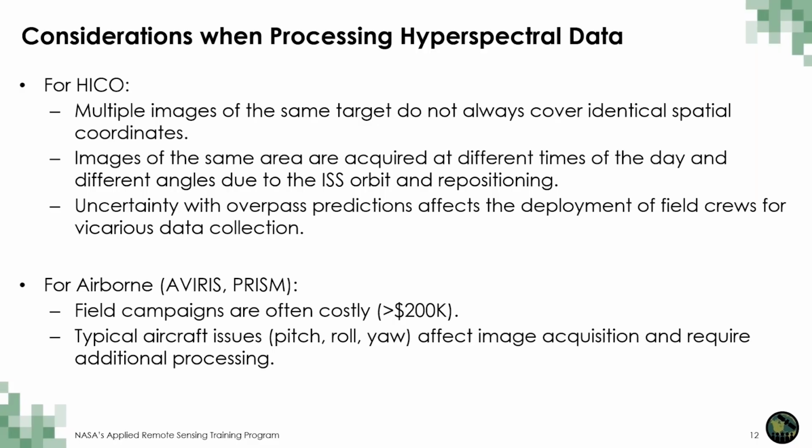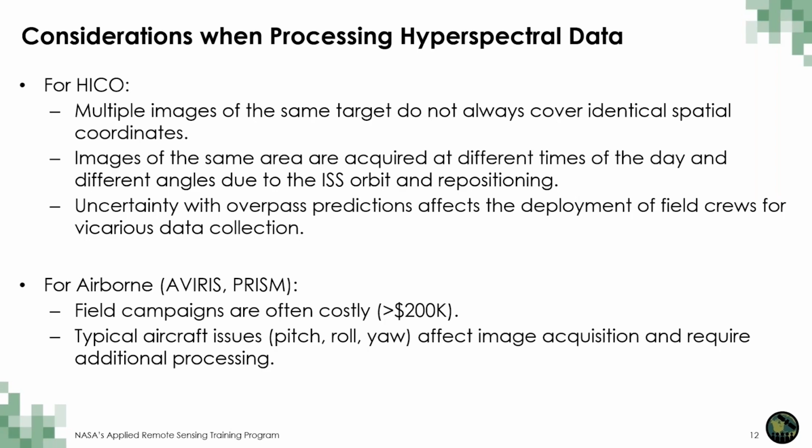So you might need to do some additional geo-rectification there to make the images useful. Also, there's the uncertainty with overpass predictions that affects, for instance, the deployment of field crews for vicarious data collection, chips, and others, and this is usually pretty costly.